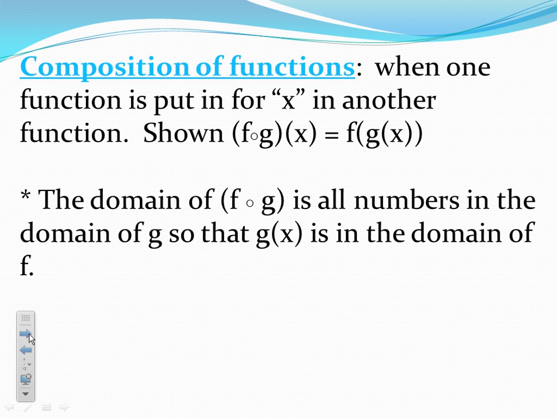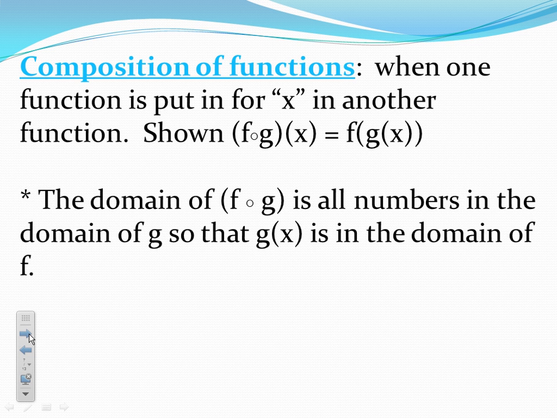All right, next thing, composition of functions. A composition of function is when one function is put in for x in another function. So shown, the notation that they use is kind of this open circle or open dot, f composed of g of x, and it just means that in your function f of x, the g of x function is going to be inserted for the x's that you have in your f of x function.